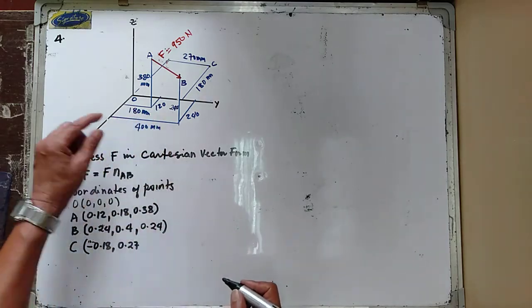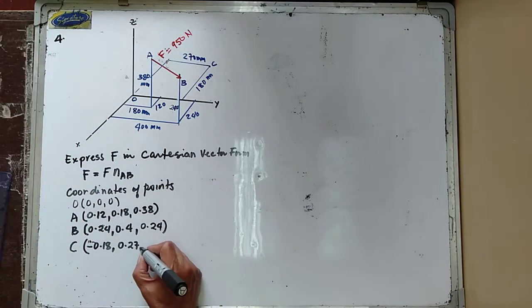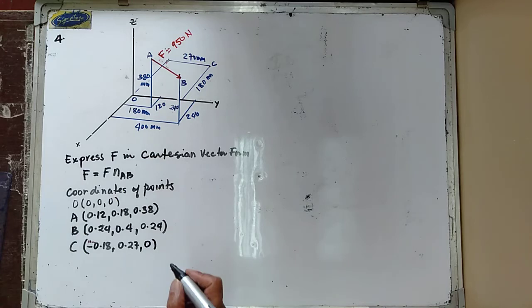And the z is equal to 0. So these are now the coordinates of the different points.